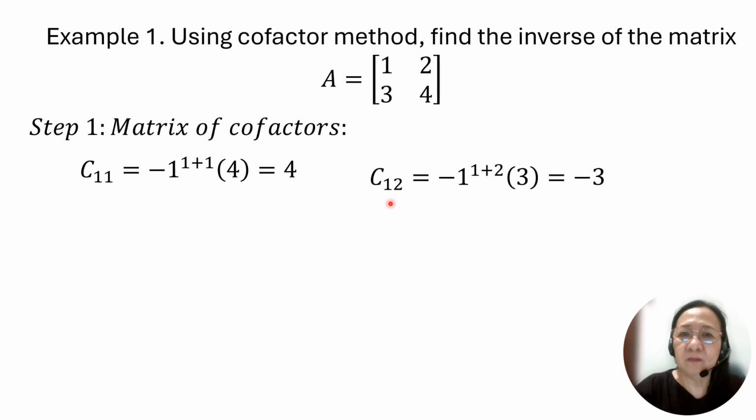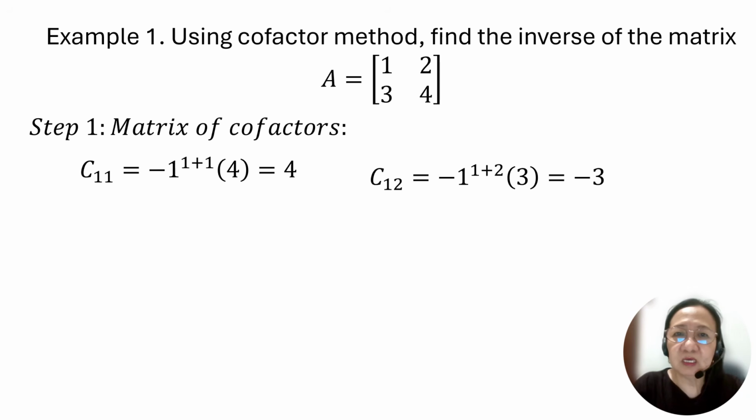The position is negative 1 raised to 1 plus 2. And what is left here is 3. Simplifying, 1 plus 2 is 3 and 3 is an odd number. Therefore, we have negative 1 for the sign. So negative 1 times 3, that's why we have here a negative 3.